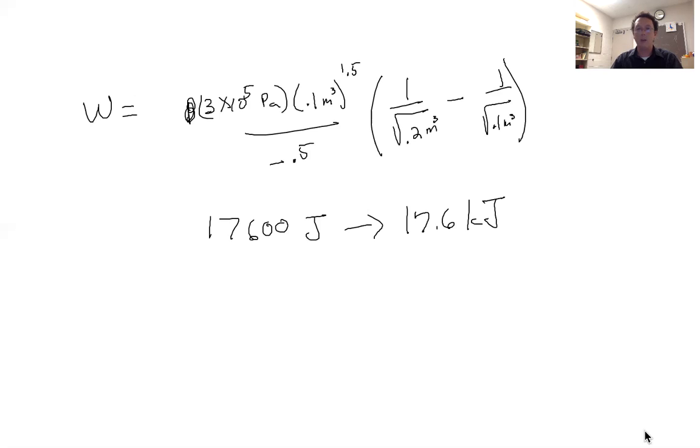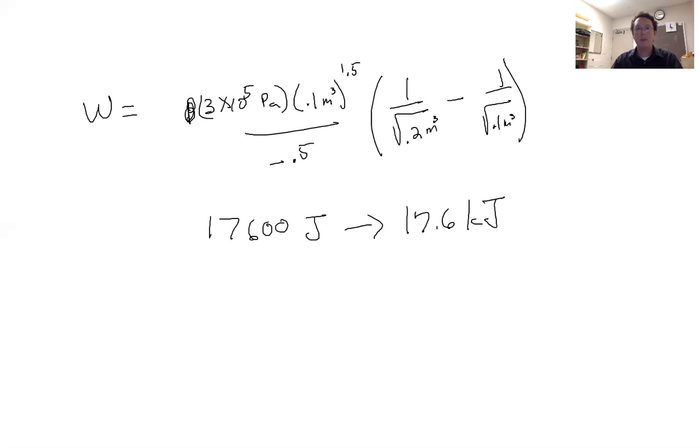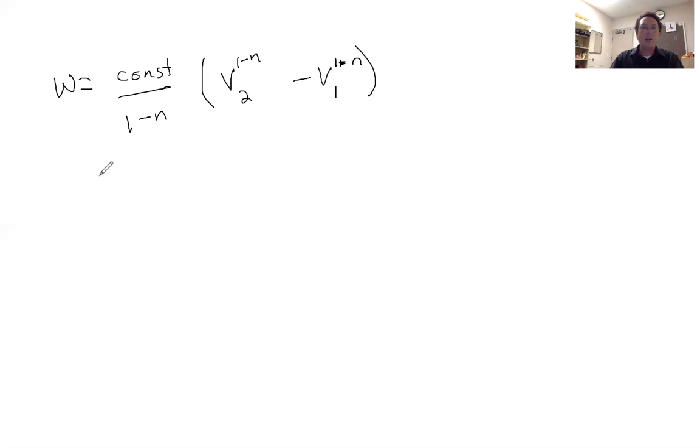I'm just writing out this formula in a little more detail. And I can write the constant as either P1 V1 to the n or P2 V2 to the n. I get a choice, and they're equal numerically.